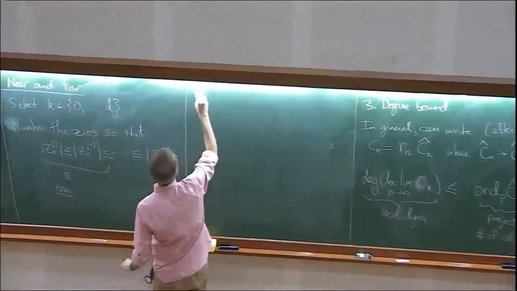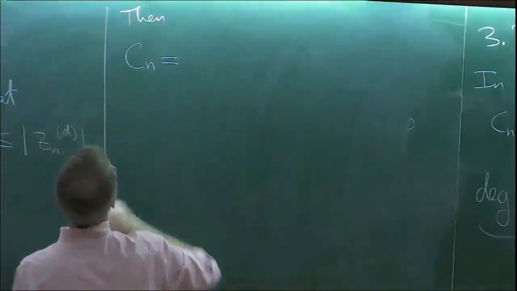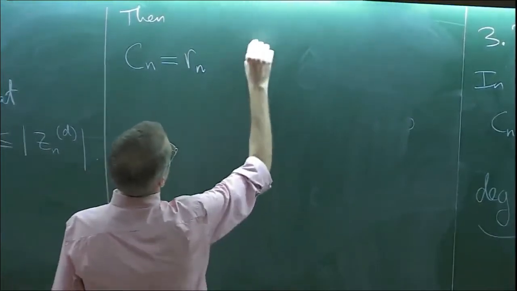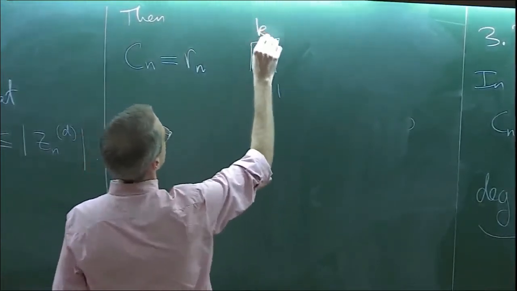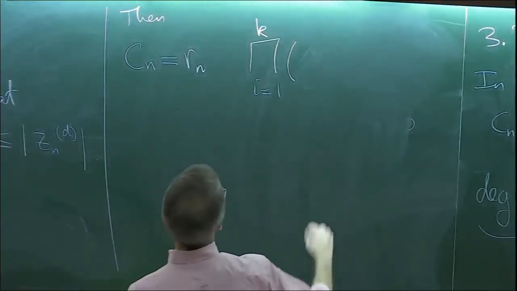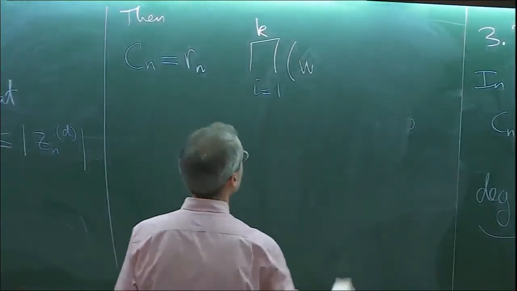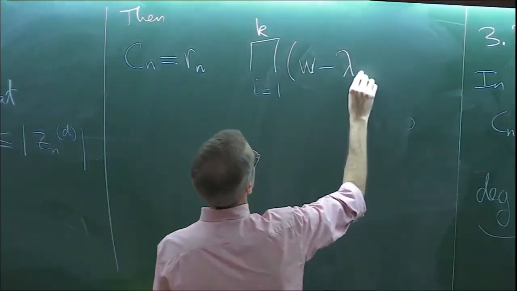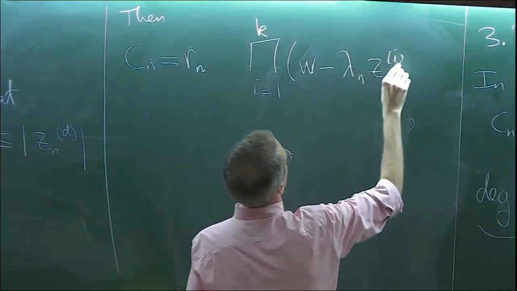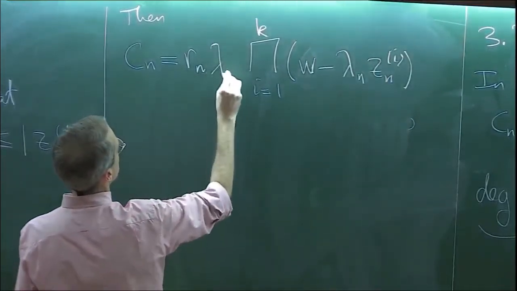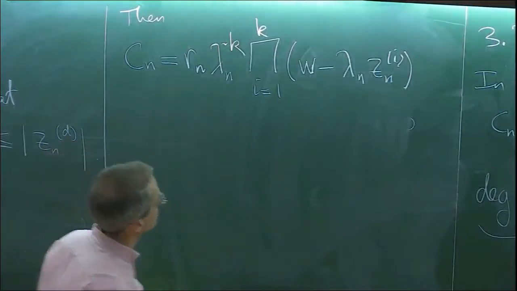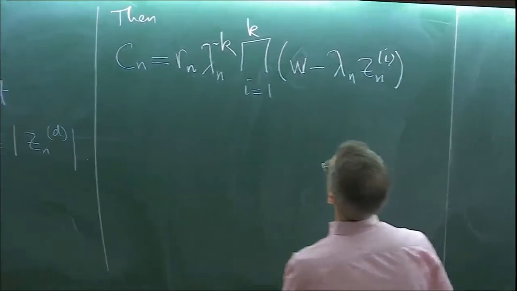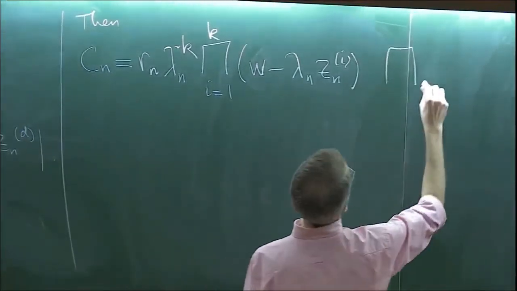Then Cn can be written as Rn times the product of these first k factors. So in these first k, I am going to factor out the lambda n inverse: w minus lambda n Zni. Then we get a lambda n to the negative k up front. But for the other d minus k terms, I'm going to leave the lambda inside.